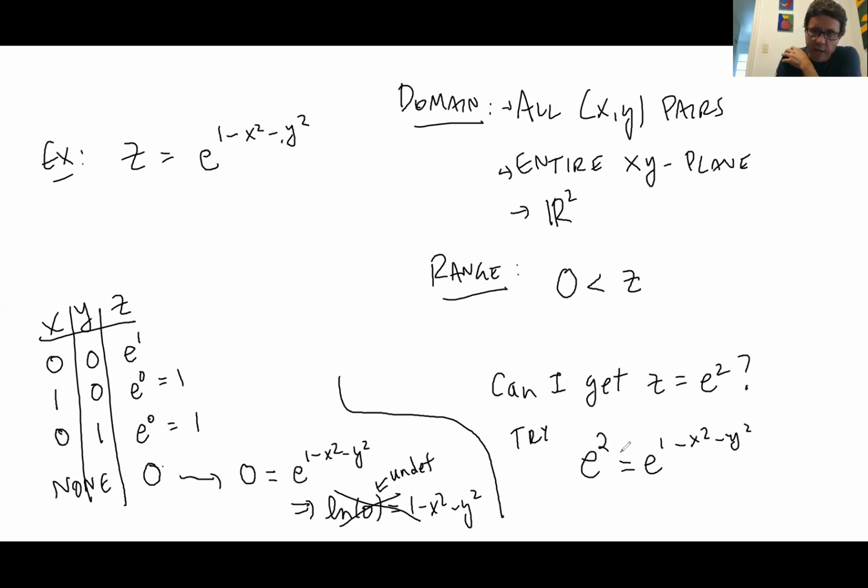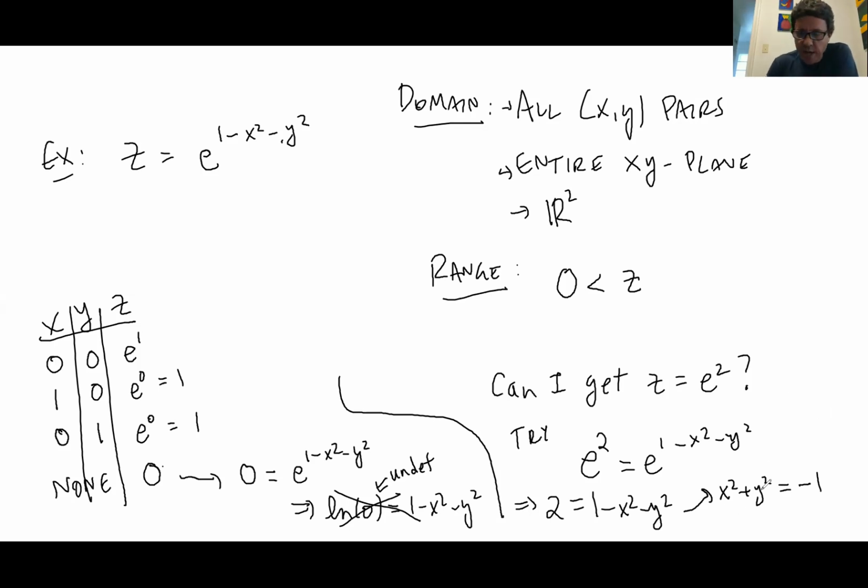So if I could do that, then e to the 2 and e to this, the powers would have to be the same. So I could either take natural log of both sides, or I could say the power 2 would have to be 1 minus x squared minus y squared. And if you solve that, that means that x squared plus y squared would have to be -1.